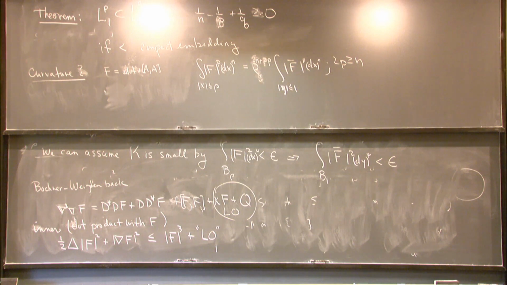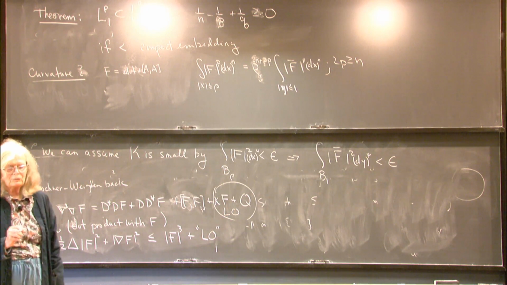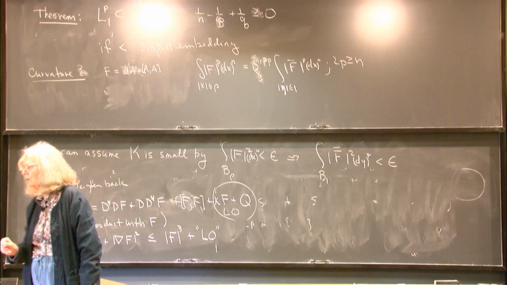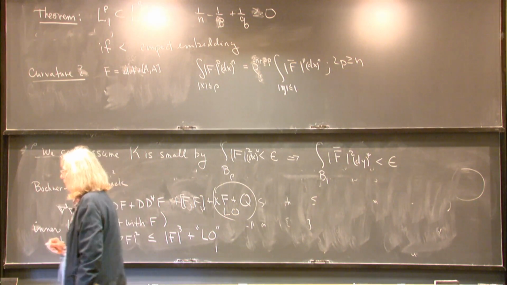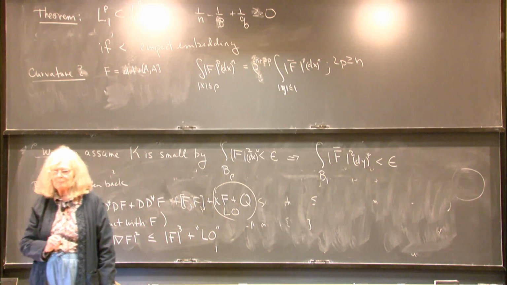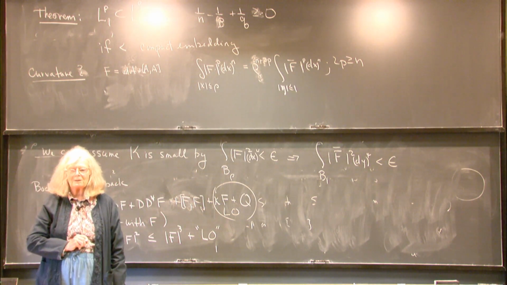The derivative of the absolute value of a vector is less than or equal to the covariant derivative of the vector in norm. Does that make sense?